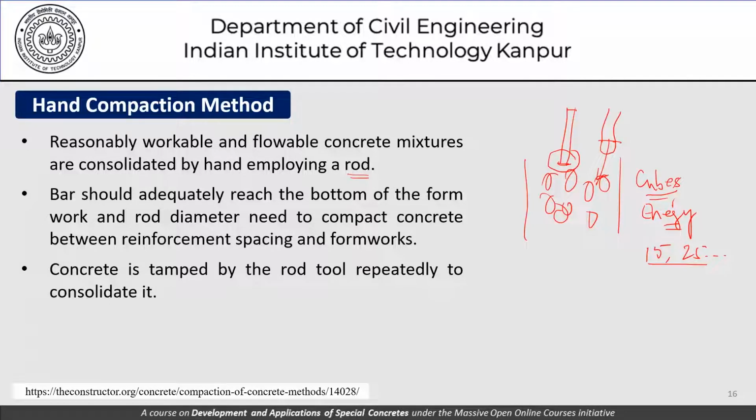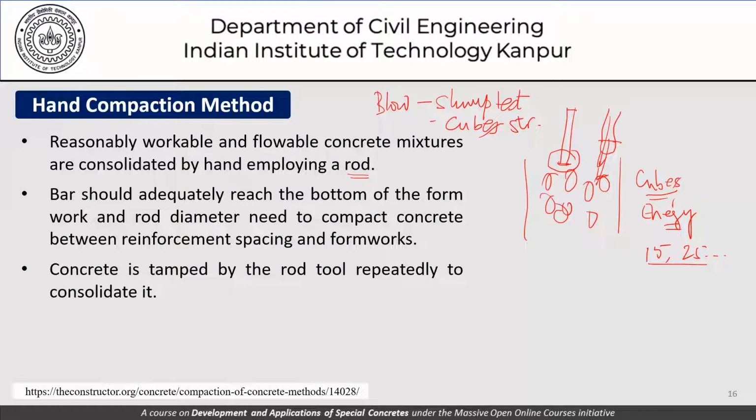So I'm asking you to look at the codes and figure out the number of times that this poking rod is expected to be employed in each layer when we are talking of the slump test, or when we are preparing cubes for strength determination at the end of the concrete construction.